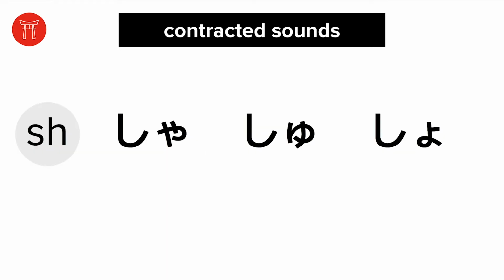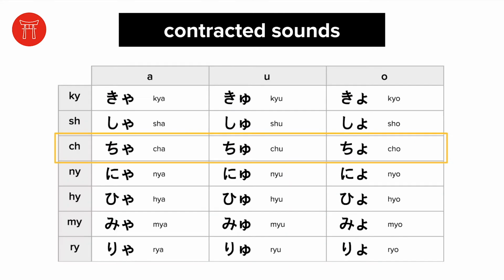The first one is sha. The second one is shu. And the third one is sho. So the whole row goes sha, shu, sho. The next row also contains familiar sounds for English speakers.